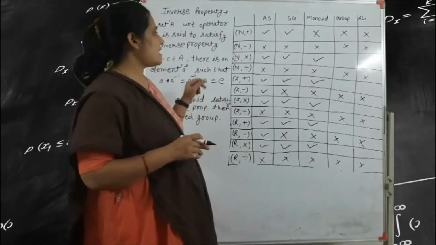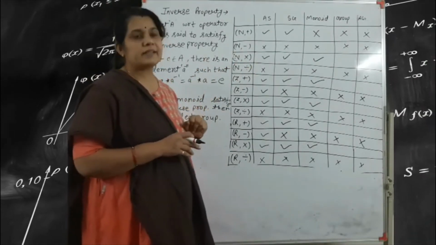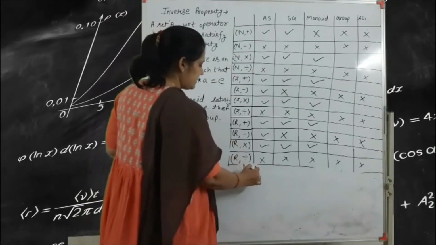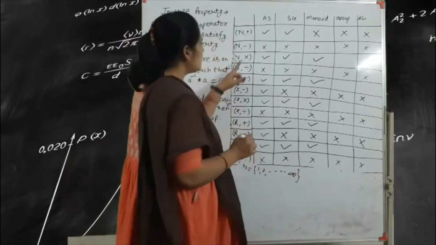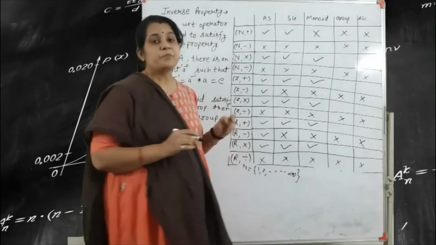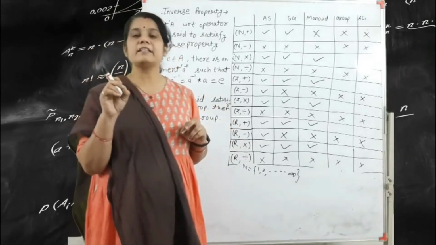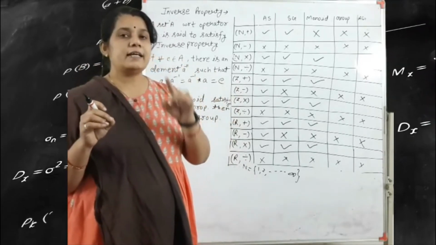Okay, so let's start. The next is N multiply. So N multiply, that means we write the set N: 1, 2, 3 up to infinity. Okay, so in multiplication we take an element and the inverse of that element, so we get the identity element 1.